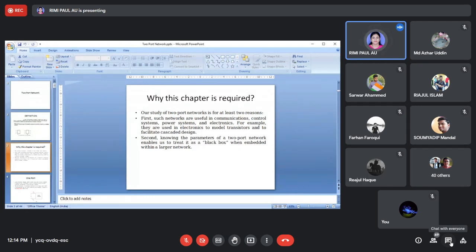For a line distance of, suppose, 10 kilometers, an RLC is present, then for another 10 kilometers another RLC is present, and another 10 kilometers another RLC. So we can say that impedance is present, right? You can find out the impedance of this network.